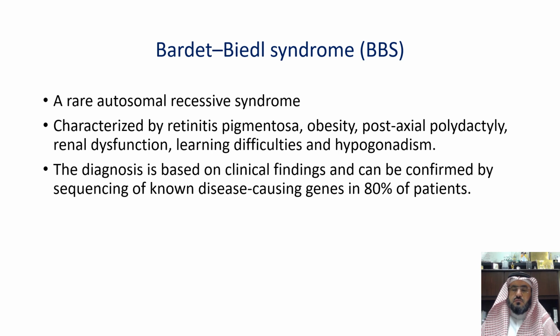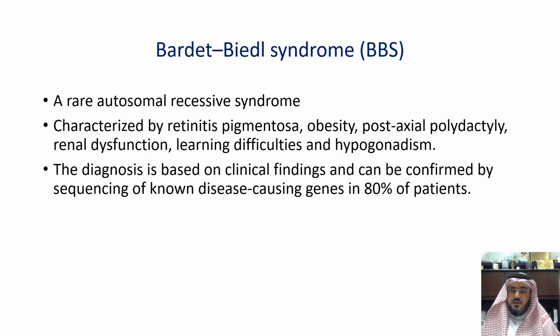Bardet-Biedl syndrome is an autosomal recessive syndrome characterized by retinitis pigmentosa, obesity, and something else important to look for: post-axial polydactyly. They tend to have polydactyly, and the type of polydactyly is post-axial.